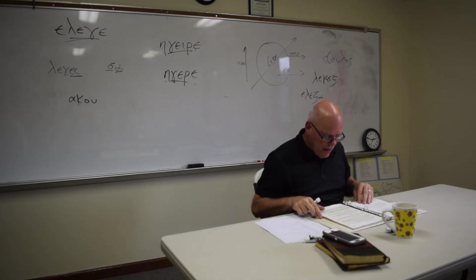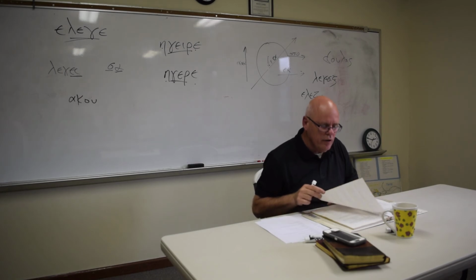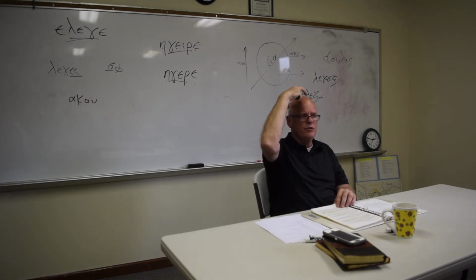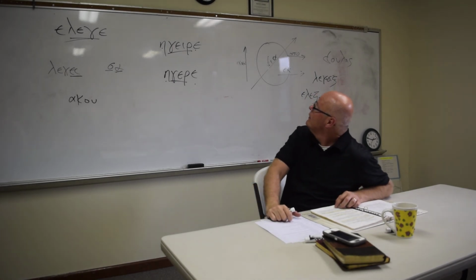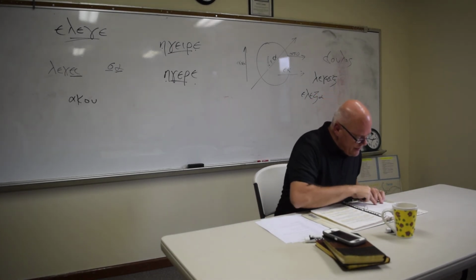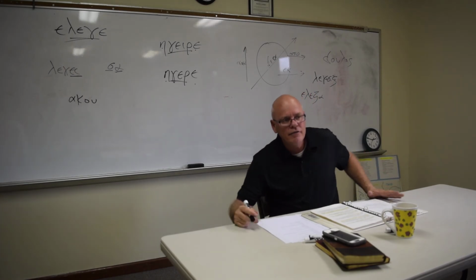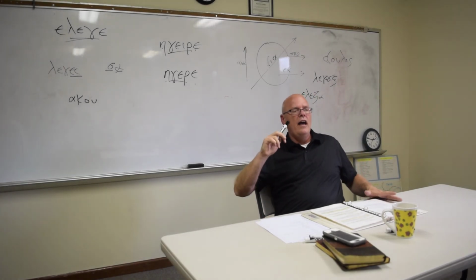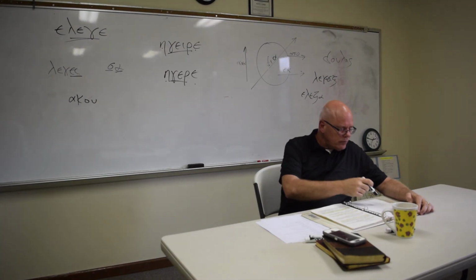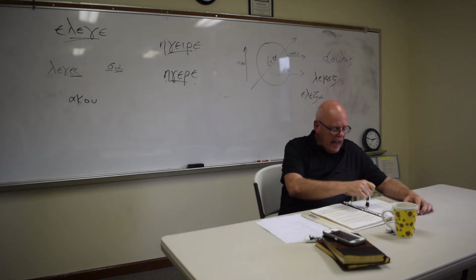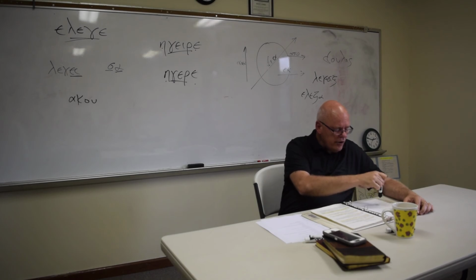Okay, the only other thing I want you to see, and just look at 116, just get 116 screwed into your brain and you'll be fine. Substantive use of an adjective means that the adjective is used without a noun and, according to the gender, is translated as though it were a noun.